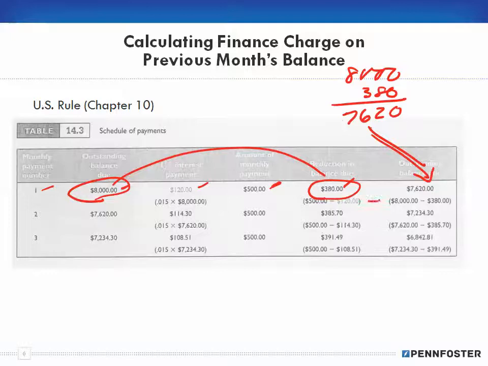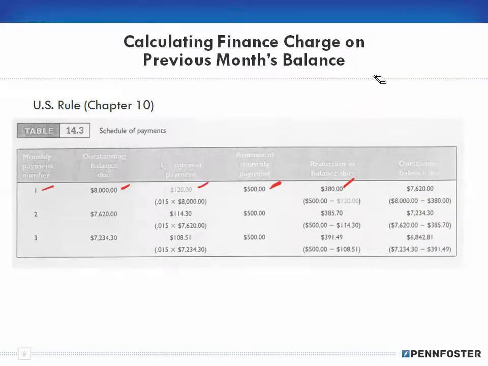And again, there's the calculation. You don't need to put it on the chart if you don't want, but it's there for the explanation of it. So now we have a new outstanding balance due of $7,620. We had just completed the first month, but now we're going to go to the second month.